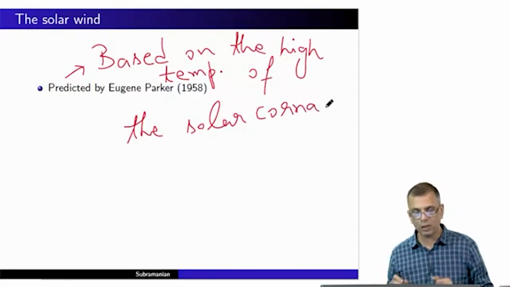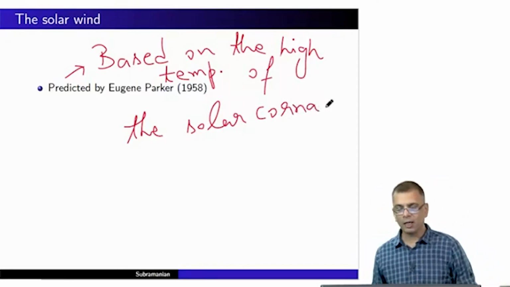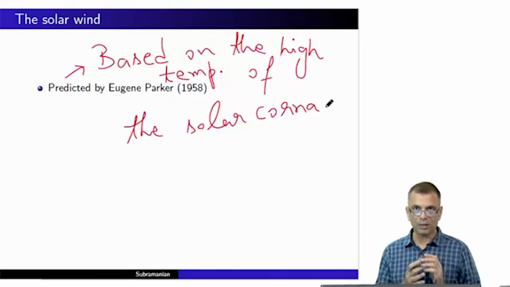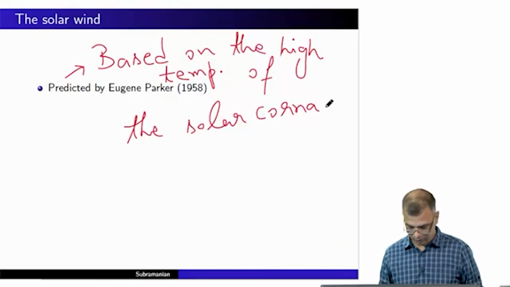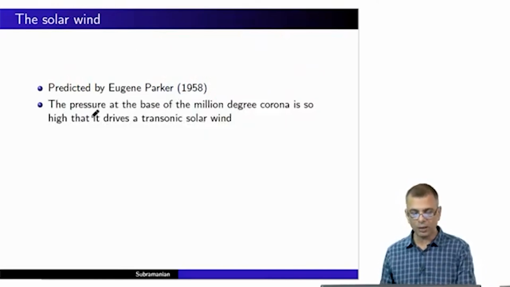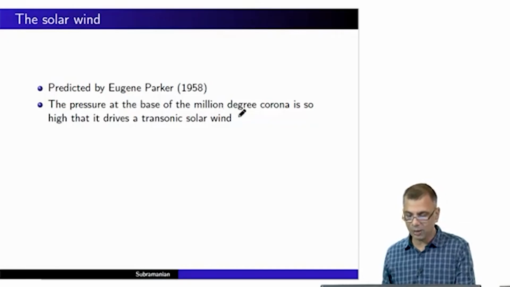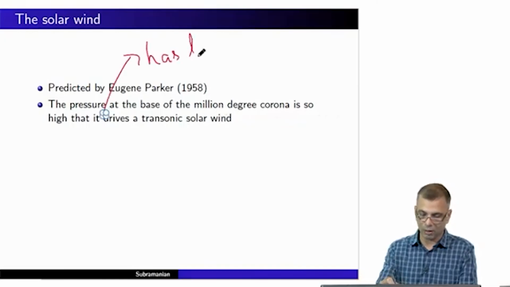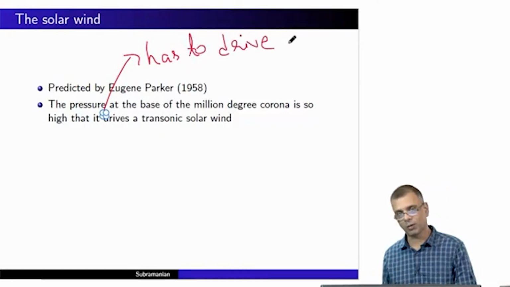Simply based on this fact, he surmised that there should be a wind that is flowing outwards. Okay, this was the main thing. He figured that the pressure at the base of the million-degree corona is so high that it has to drive a transonic solar wind.